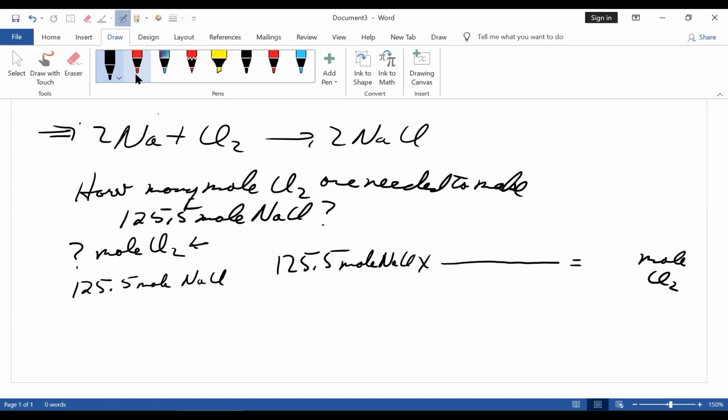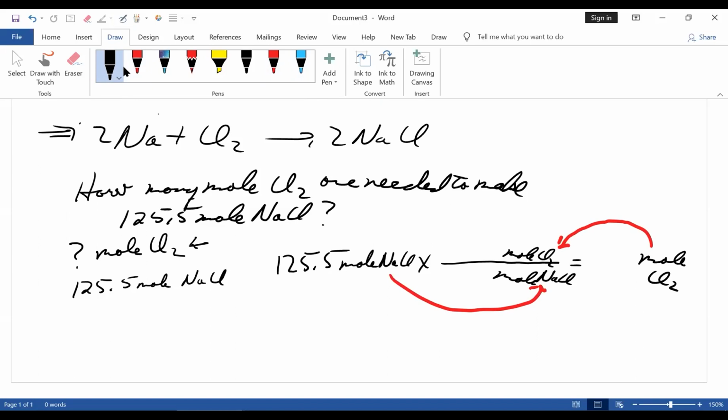Moles of chlorine. Whatever units you're trying to get to go on top of this ratio. Whatever units you're trying to get rid of go underneath. And now if I look at this, this will be moles of chlorine, and this will be moles of sodium chloride. Don't forget to pass the NaCl, table salt.